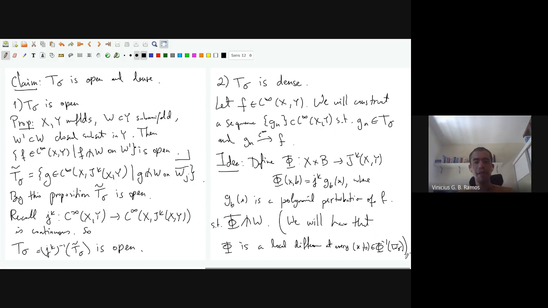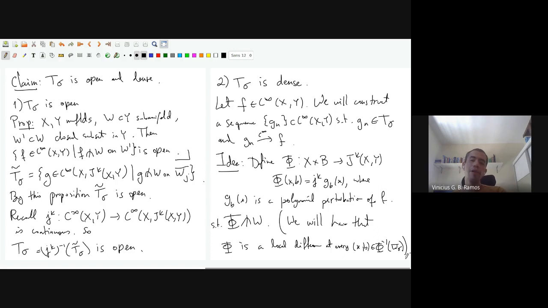So we build a map which is a local diffeomorphism in this preimage, and that will mean that, in particular, it has to intersect W transversely. Okay? So how do you do that?